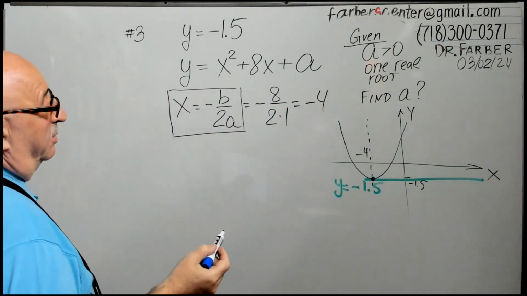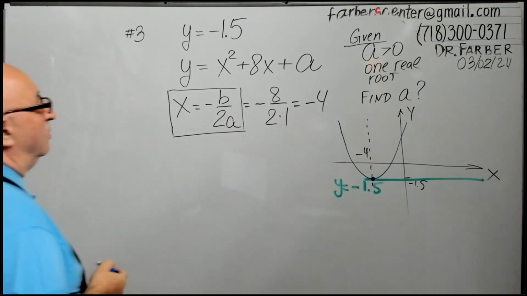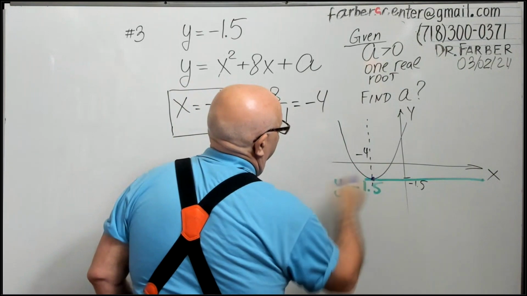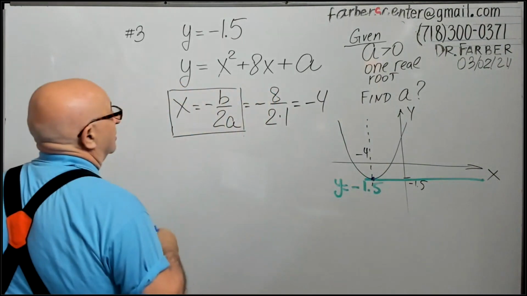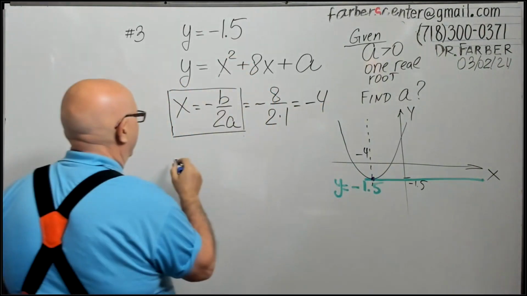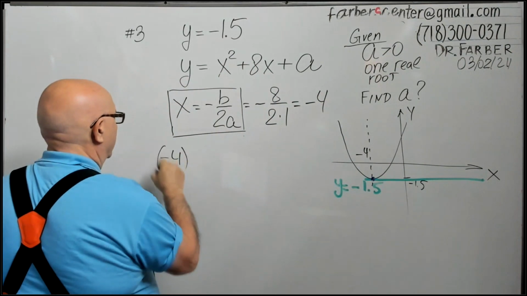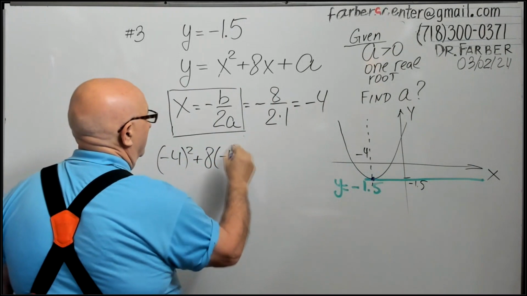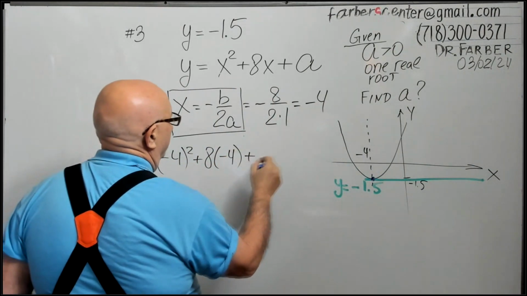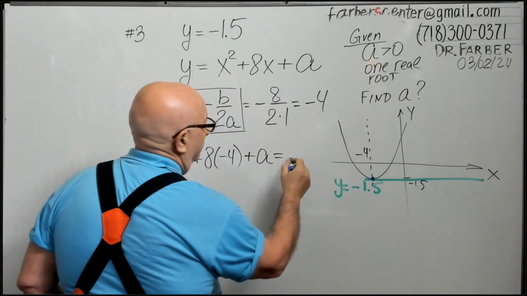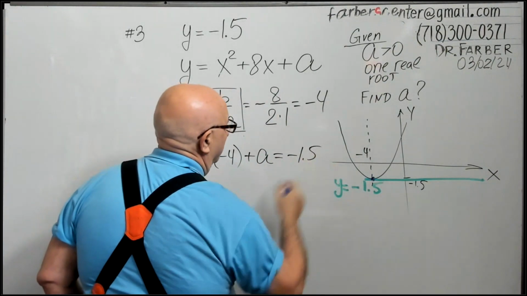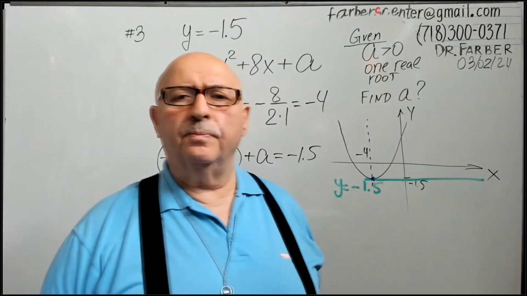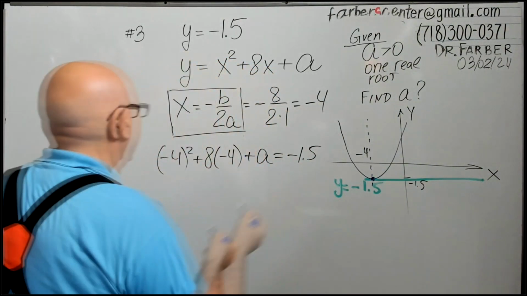Now the second step. If x is negative 4, what is the coordinate of y in this case? You plug in here negative 4. Negative 4 to the second plus 8 times negative 4 plus a must equal negative 1.5. So far, so good. And this is just simple manipulation.